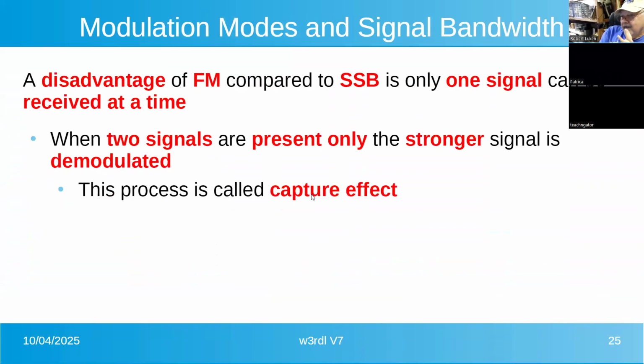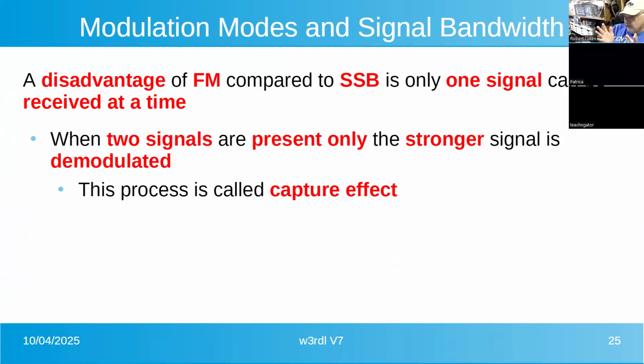Okay, a disadvantage of FM compared to single sideband is that only one signal can be received at a time. There's a thing with FM called capture effect. The way the FM discriminator works, the strongest signal is the only one it will demodulate.